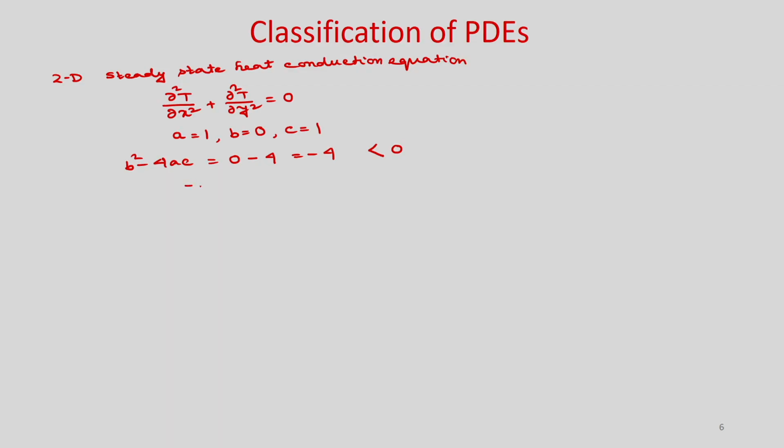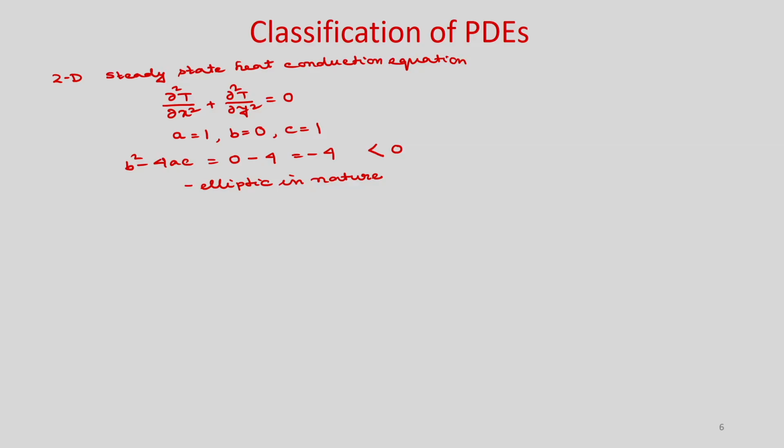Mathematically, this 2D steady state heat conduction equation is elliptic in nature, and physically it is an equilibrium problem. Now, let us consider the one dimensional unsteady heat conduction equation.